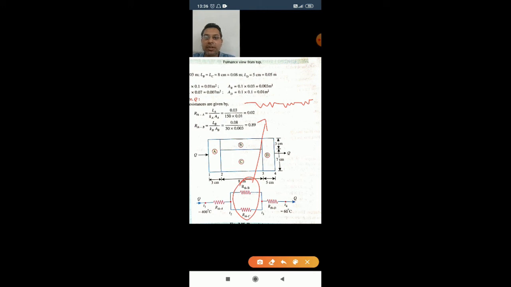So this is A and this is B and this is this one. As you are converting these resistances like in an electrical circuit, so it is analogous to thermal circuits, and its value is determined to be 0.147. It is written here also that the equivalent resistance is 0.147.